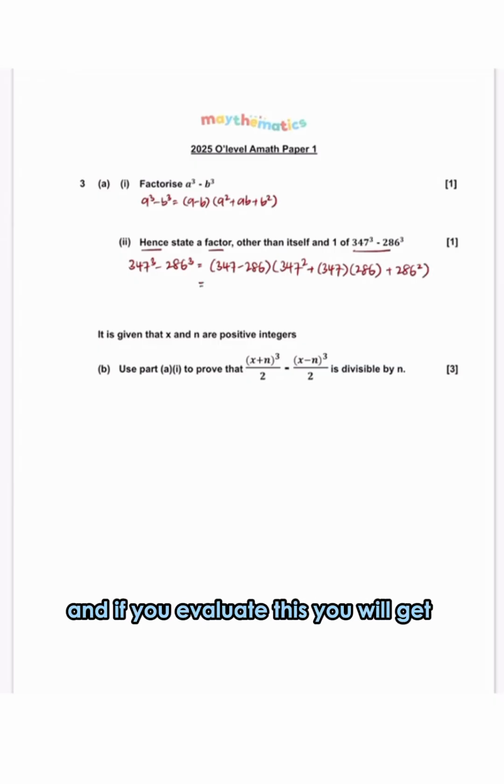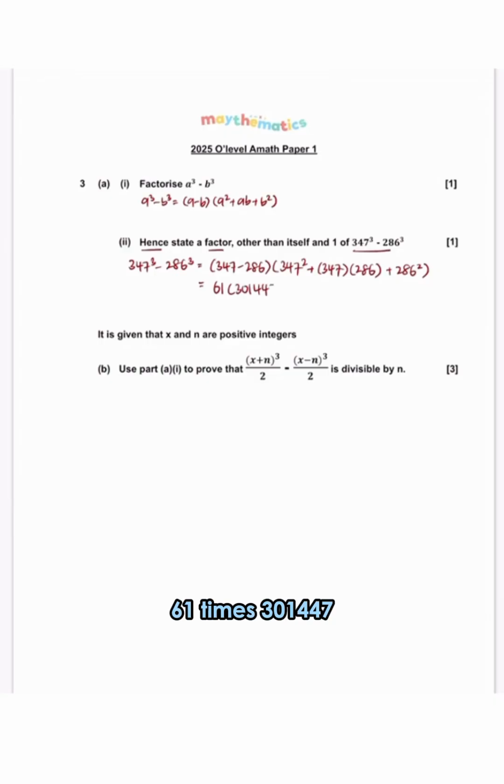Okay, and if you evaluate this, you will get 61 times 301447. Okay, and you can take either 61 or 301447 as your answer. So we have one factor is 61.